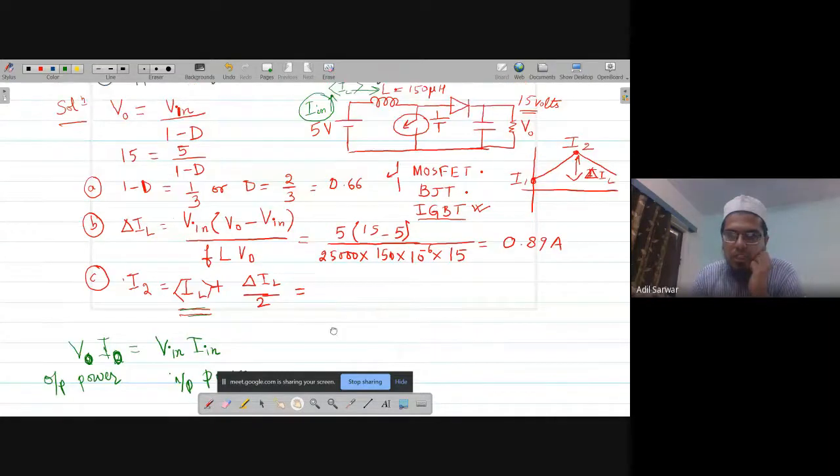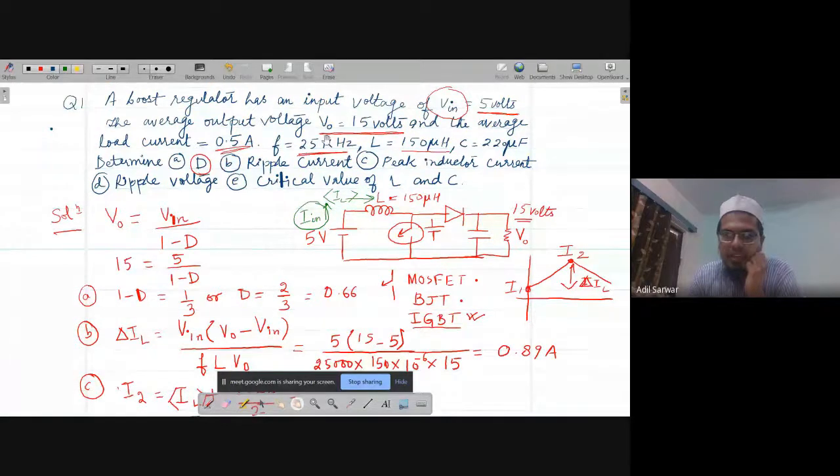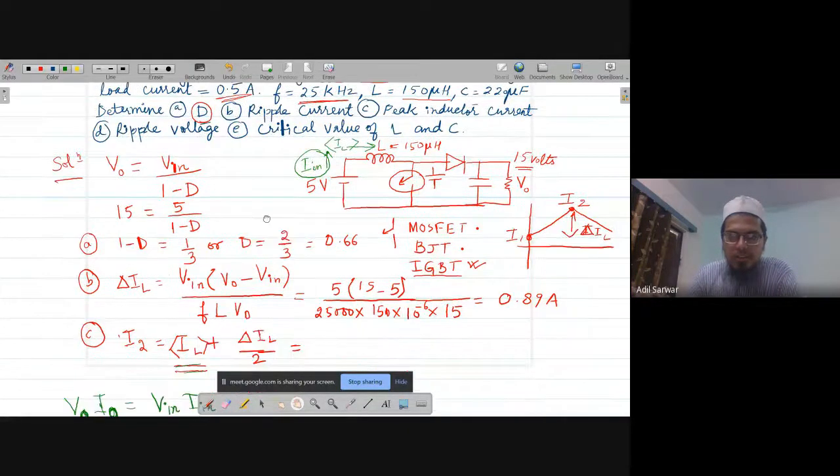You can see here that IO is given. The average load current is 0.5 amperes, as mentioned here.